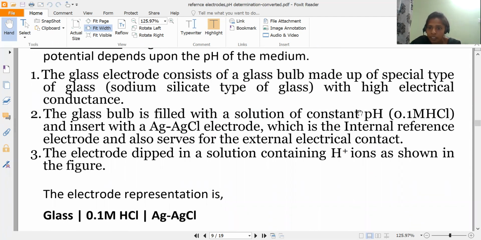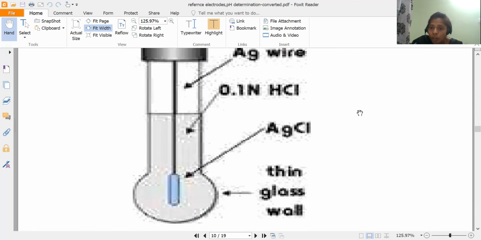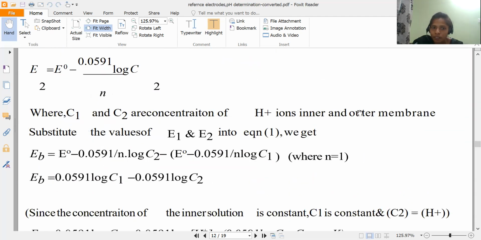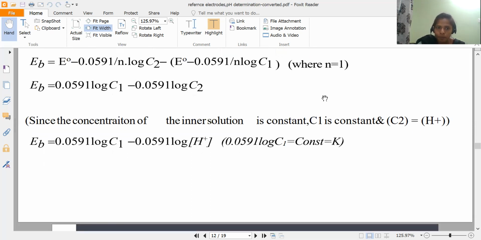Constant pH. That means constant H plus ion. That means C1 will be constant here, but C2 is not constant. So in the place of C1, we can write constant, and in the place of C2, we can write the unknown H plus.